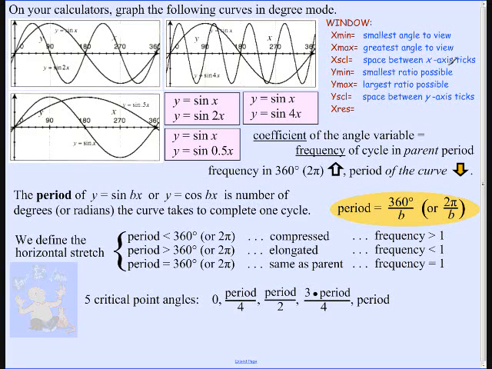The space between the x-axis ticks, let's see, 0. We've got 1, 2, 3, 4, 5 to get to 90. What is that? 90 divided by 5 is 18.